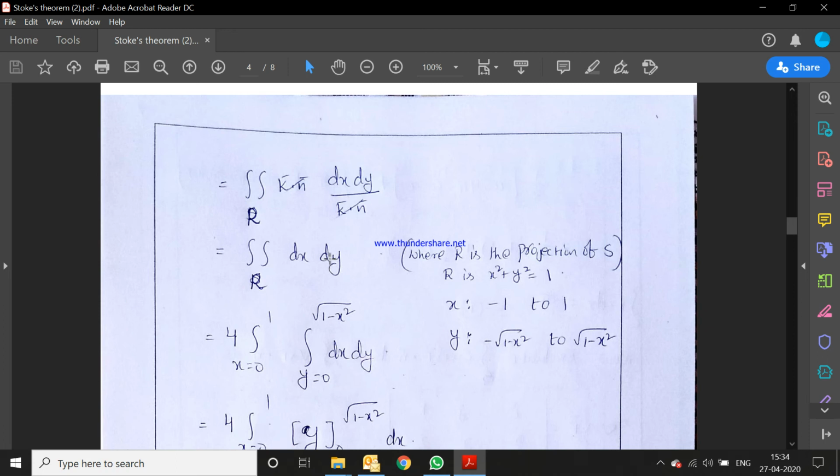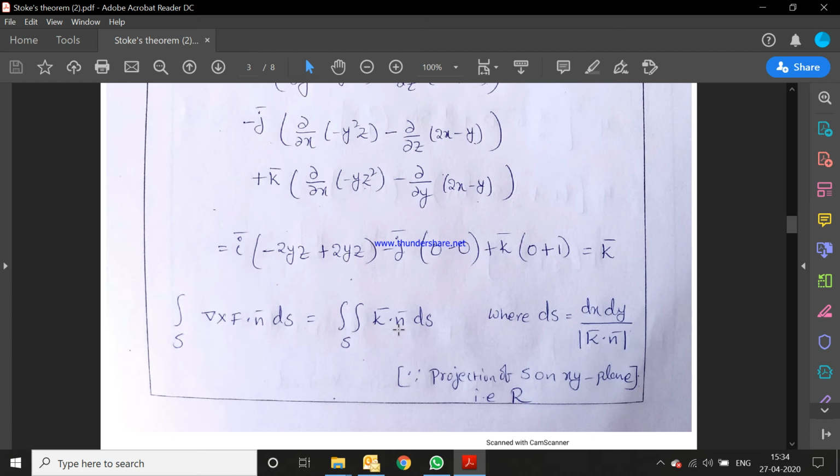Here we have another possibility: substitute n bar equal to k bar, because the projection is in the xy plane. Projection in the xy plane means the outward drawn normal vector n bar is equal to k bar.